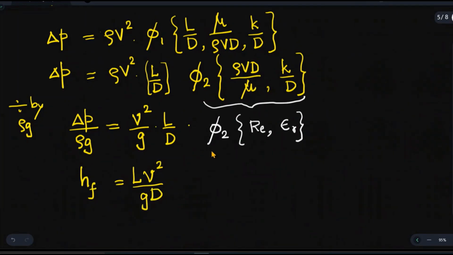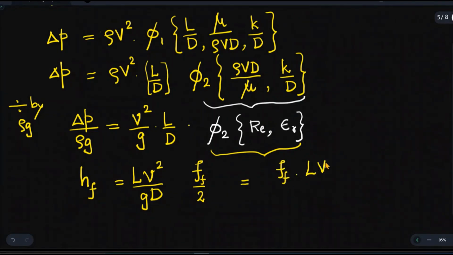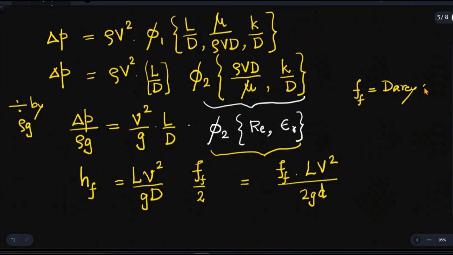See that functional part, from the experimental observations, is Darcy's friction factor by 2, f_f by 2. So the final answer is the friction factor f_f into L V squared divided by 2GD. What is f_f? f suffix f is Darcy's friction factor, not a function.